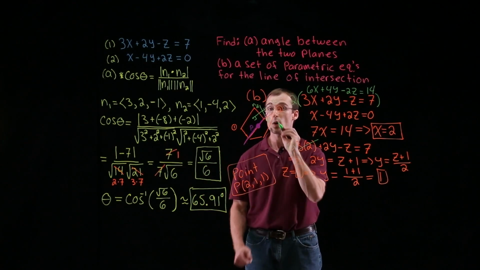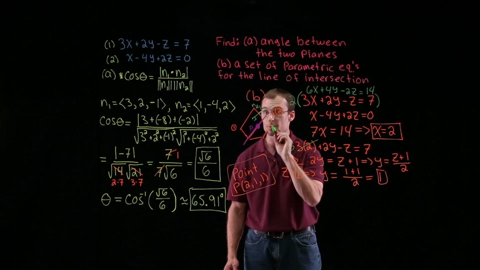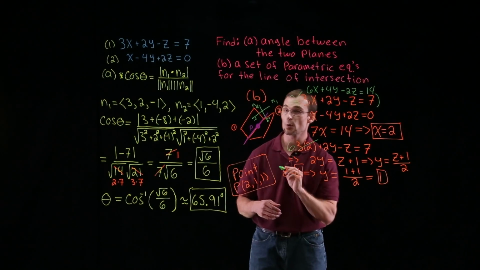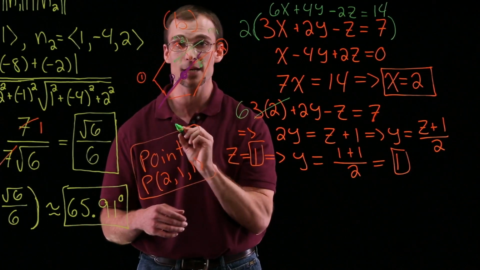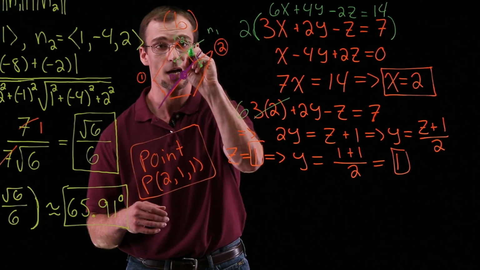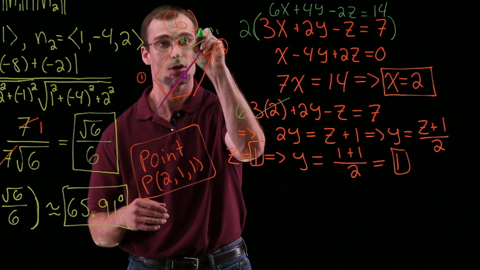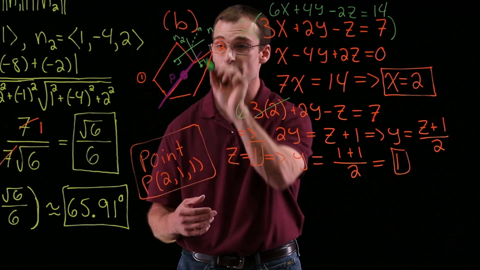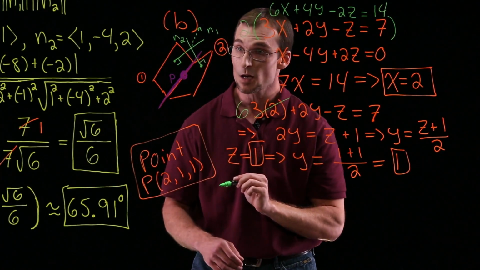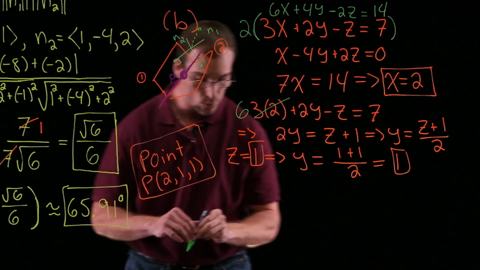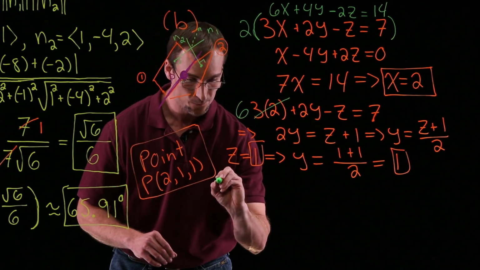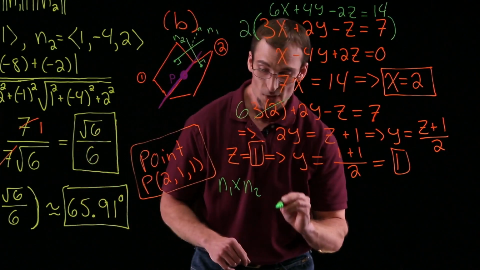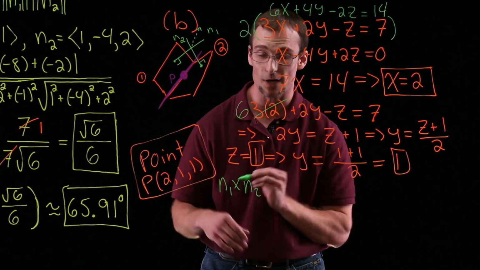If we take the cross product between any two vectors, the resulting vector is orthogonal to the original two. So the cross product of n1 and n2 will give us a vector that is parallel to both planes, or in particular parallel to the line of intersection. Once we get that vector and we have our point, we can find our parametric equations.